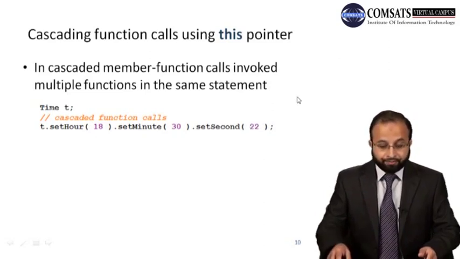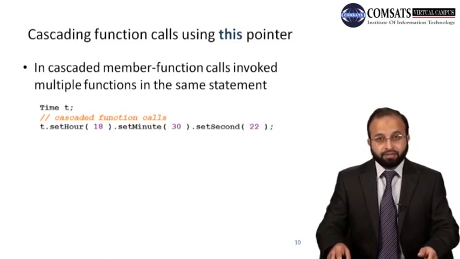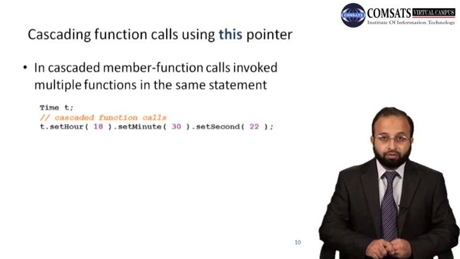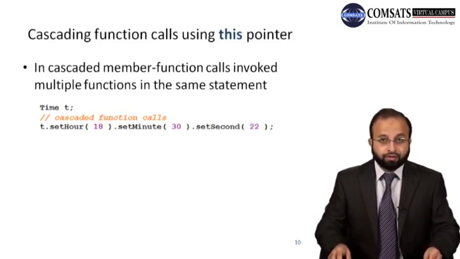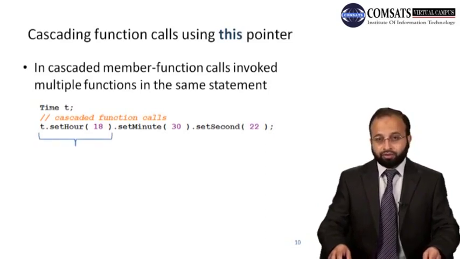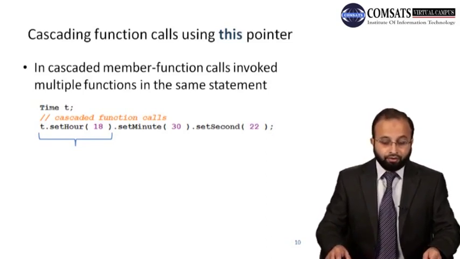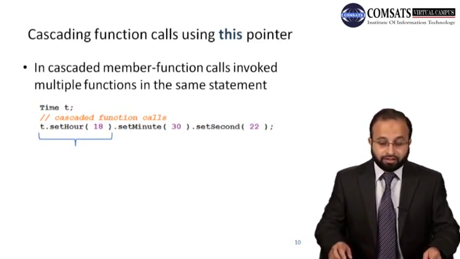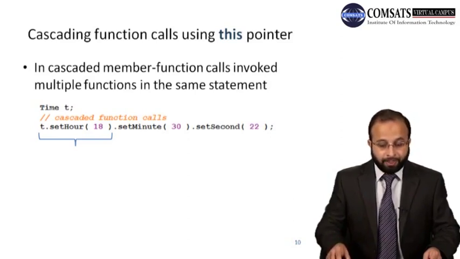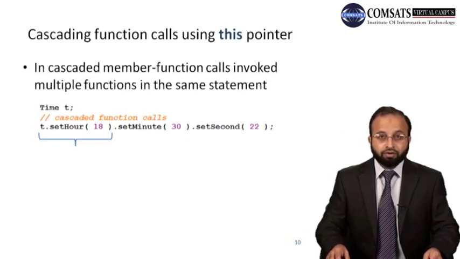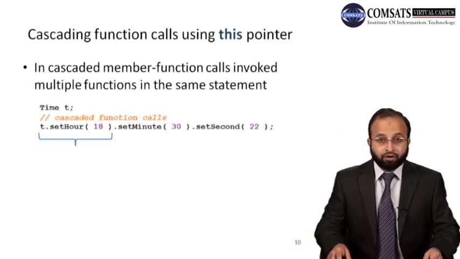Now in this case, the associativity of the dot operator is from left to right. So we will solve the leftmost call first. The setHour member function is invoked by the object t, and when this is invoked, it will set the hours of the object t.